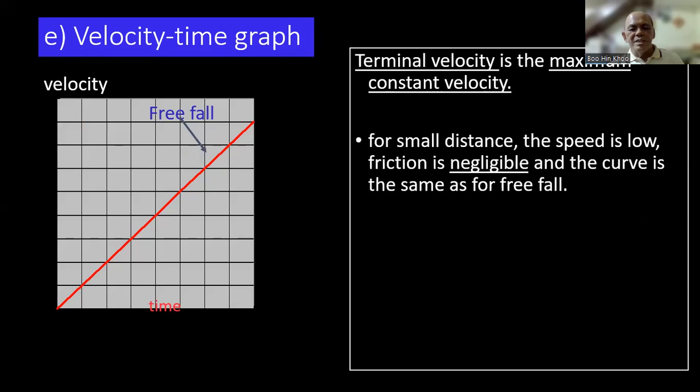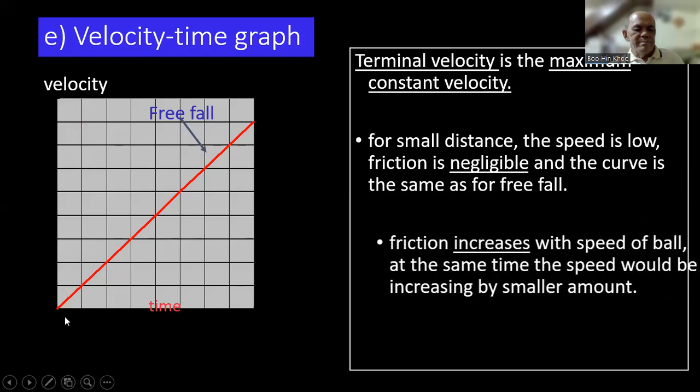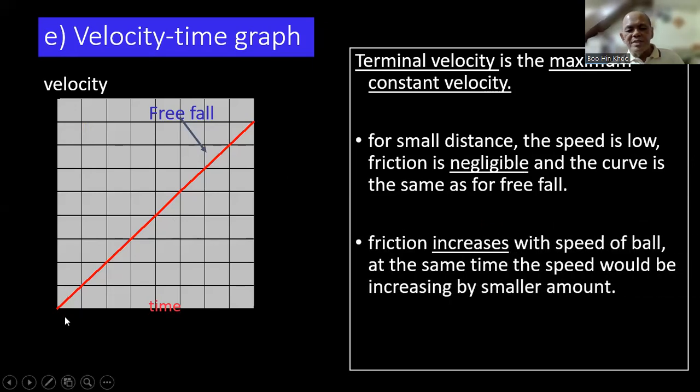For a small distance, the speed is slow, friction is negligible, and the curve is the same as the free fall. Right? So at this part, it will be the same. As friction increases with the speed of the ball, at the same time, the speed would be increasing by a smaller amount.